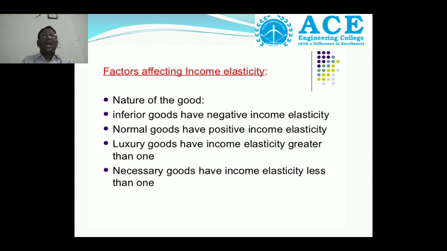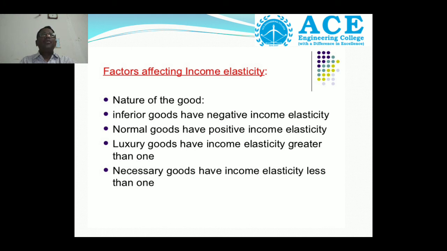Inferior goods have negative income elasticity. Examples of inferior goods are jowar and bajra, sometimes written as millets. In earlier days, those who had less income purchased more and more quantity of that product, so we call it an inferior good.